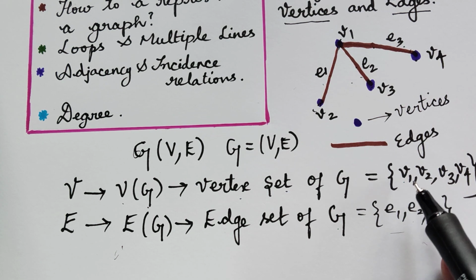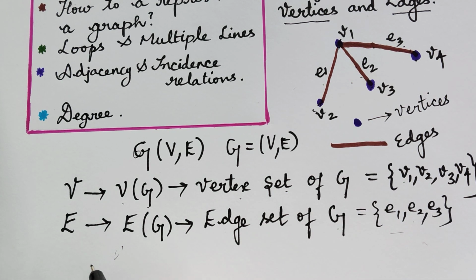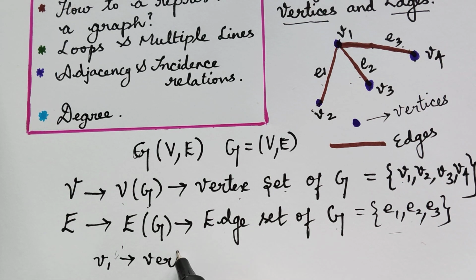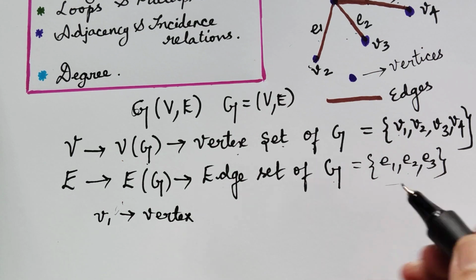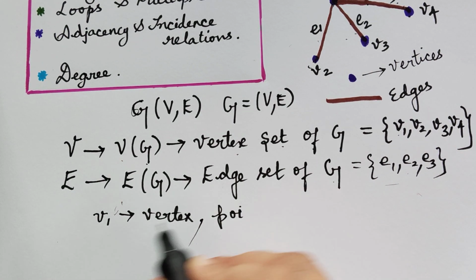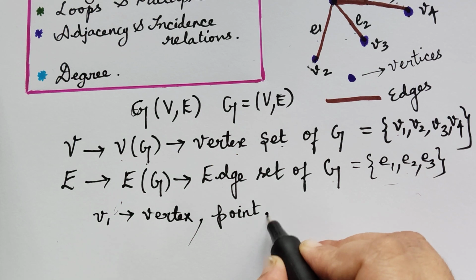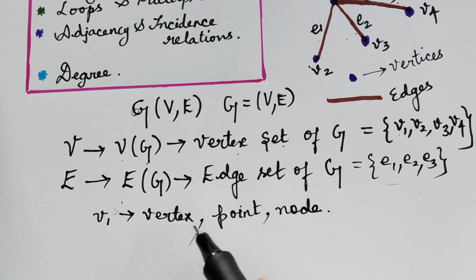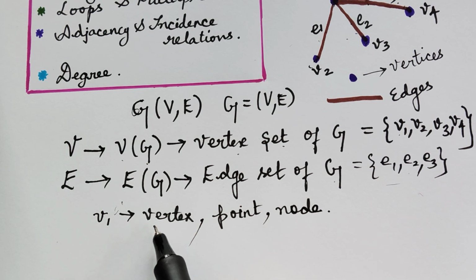Now what is this V1 from this set? It is a vertex of the graph G. If you take V1, it is known as a vertex, and I already told you it can also be called a point. Since I am taking only one, it is a point, or it also has the name node. These are the different ways of mentioning a vertex.